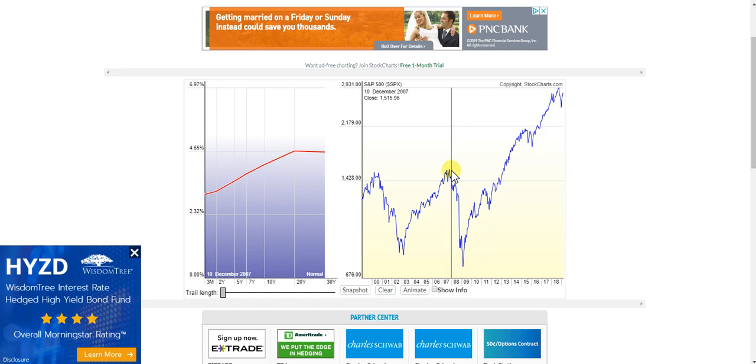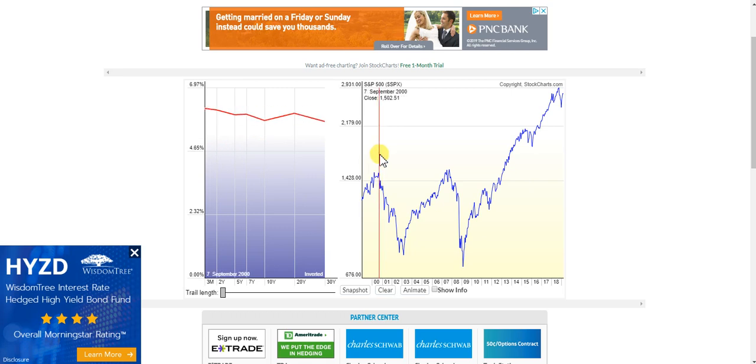It's fun to see. This is what the market does not want. They don't want the 3-month to be higher than the 30-year. That's a bad sign. And clearly the market did not like that, and so it sells off.